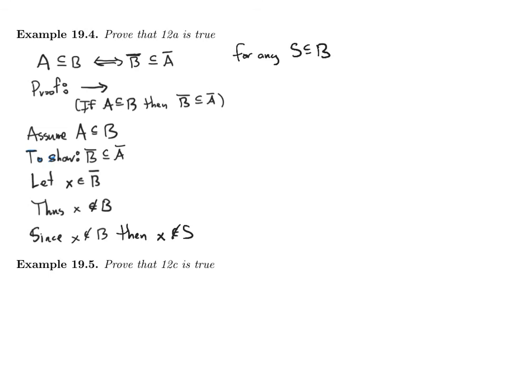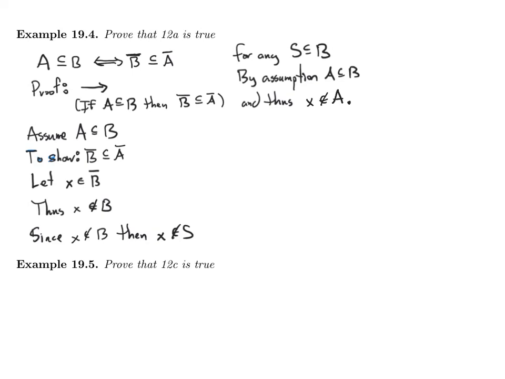So if it's not in that, by our assumption, we know that A is a subset of B, and thus we've shown that X can't be in A. So that's the first direction.